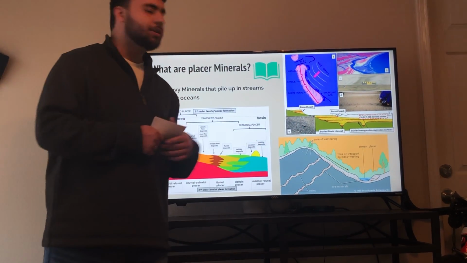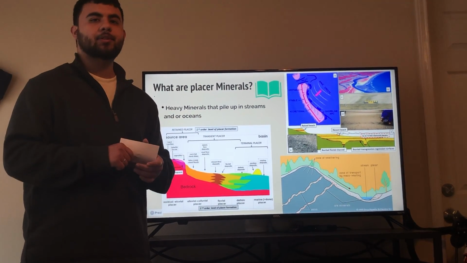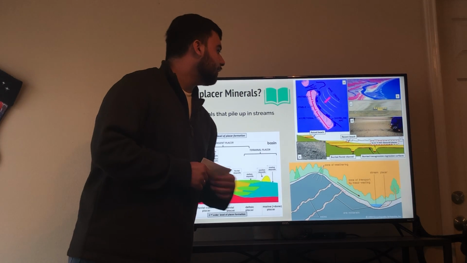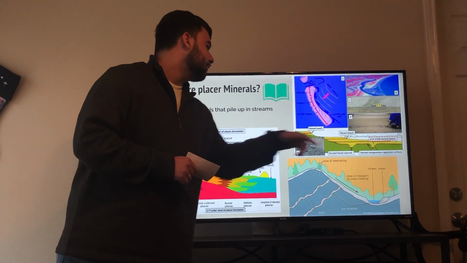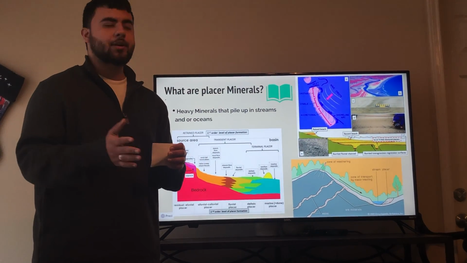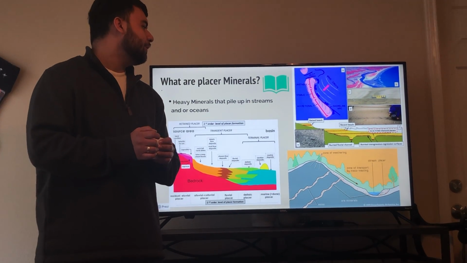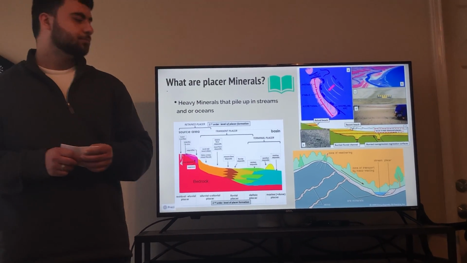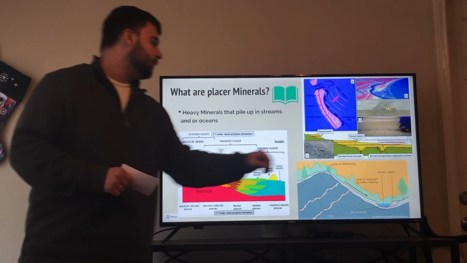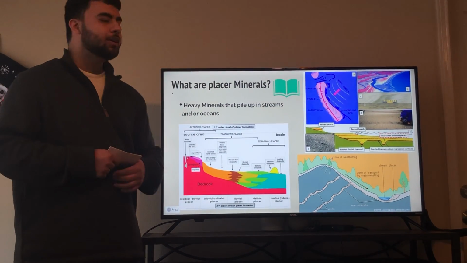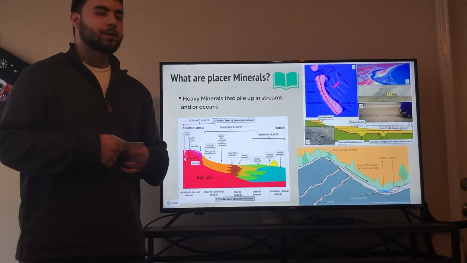In picture E, you see the buildup of diamonds under these dunes. Picture F just describes how they were buried, through a buried fluvial channel. And this last picture is essentially the same as this picture. It's just a different example going into a stream.